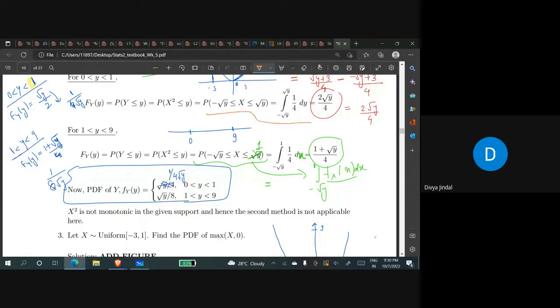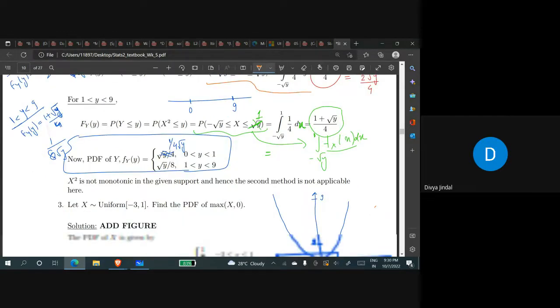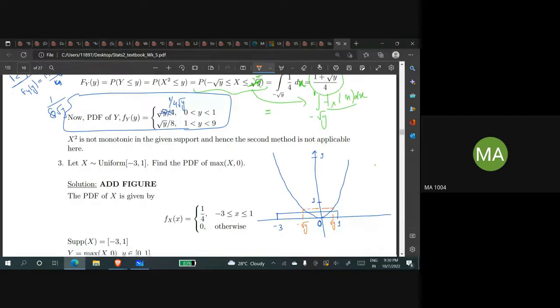So will we combine these now then? Combine what? So we have from 0 to 1 and we have 1 to 9. If I want you to write Fy of y, what will you write? You will write it is 0 when y is less than 0, right?